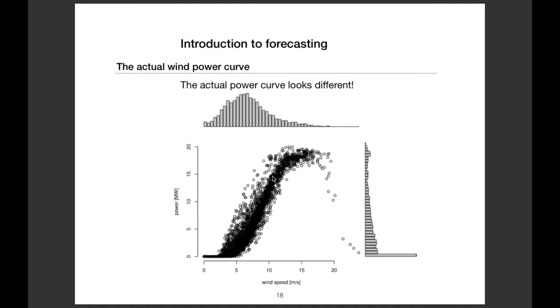So even if you have a perfect prediction of the wind speed, in reality, the actual generation will be a little bit different. So that's why it is very hard to forecast, because you need very accurate weather forecast, and even with very accurate weather forecast, you will not have the perfect actual power.